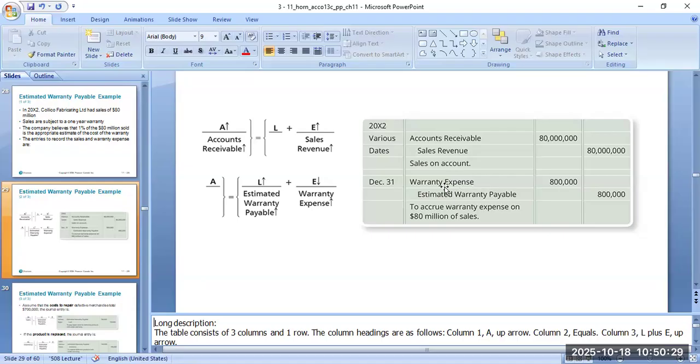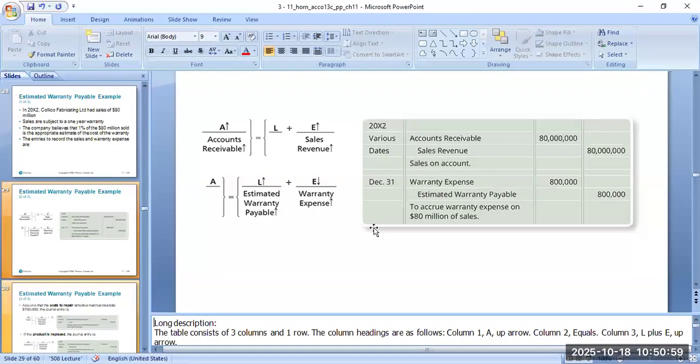We're going to debit warranty expense for the amount that we haven't paid, but we think we might have to pay. Since we might have to pay, we have to show it as a payable, in this case estimated warranty payable. And we're done with this.